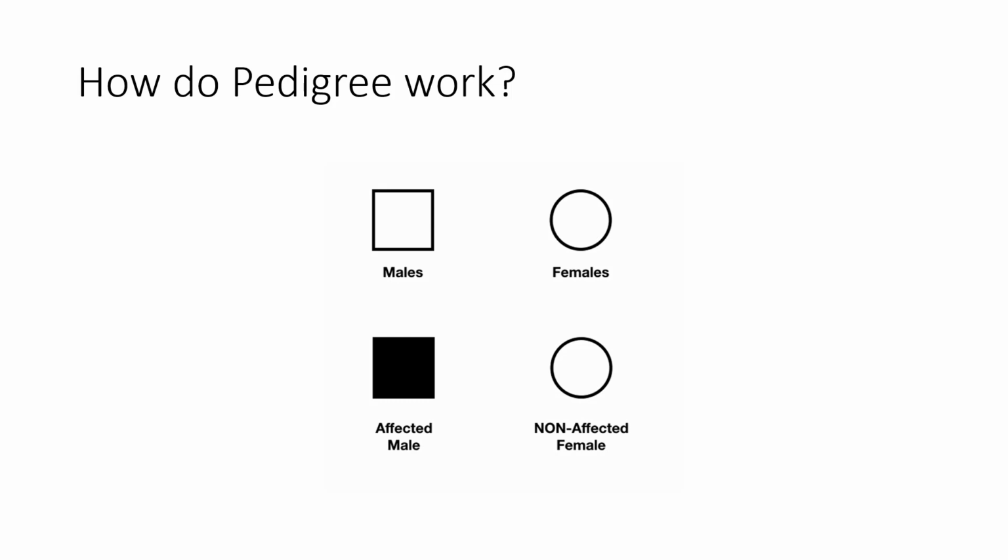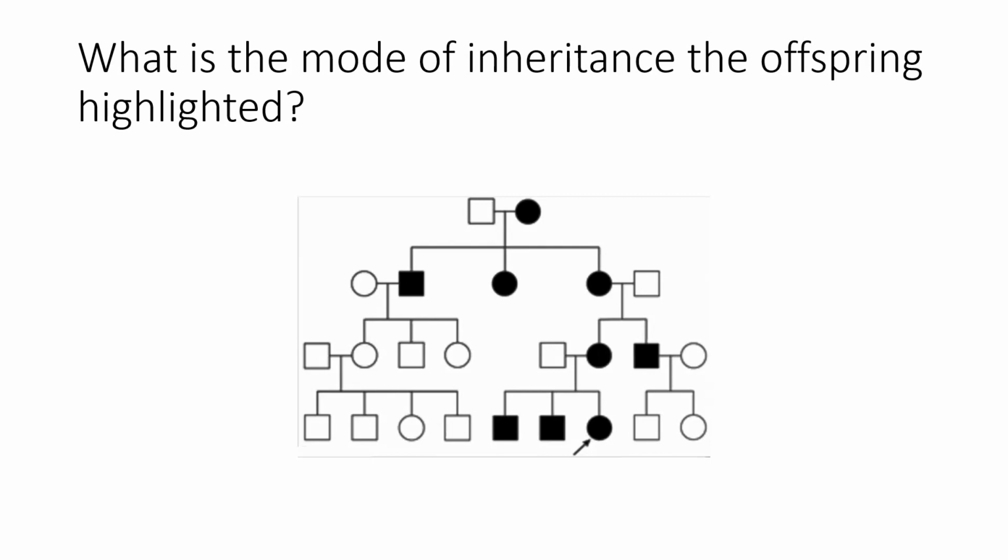When the square is shaded, you have an affected male. When the circle is shaded, an affected female. If it is half shaded, it shows a carrier state, and when it is crossed, it means deceased. The person is dead.